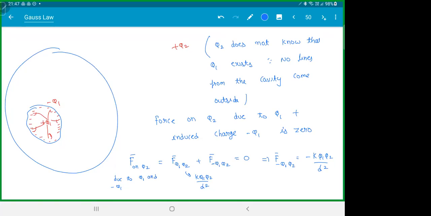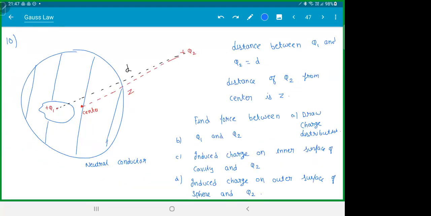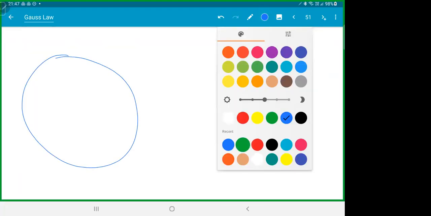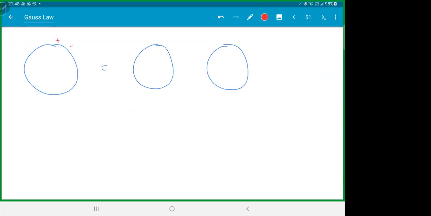Clear with this? What is the fourth question? The force on the outer surface of the sphere. Now look, what am I asking you to find? This outer sphere is actually made of two things, isn't it? The outer sphere is made of one uniform charge, which is Q1.